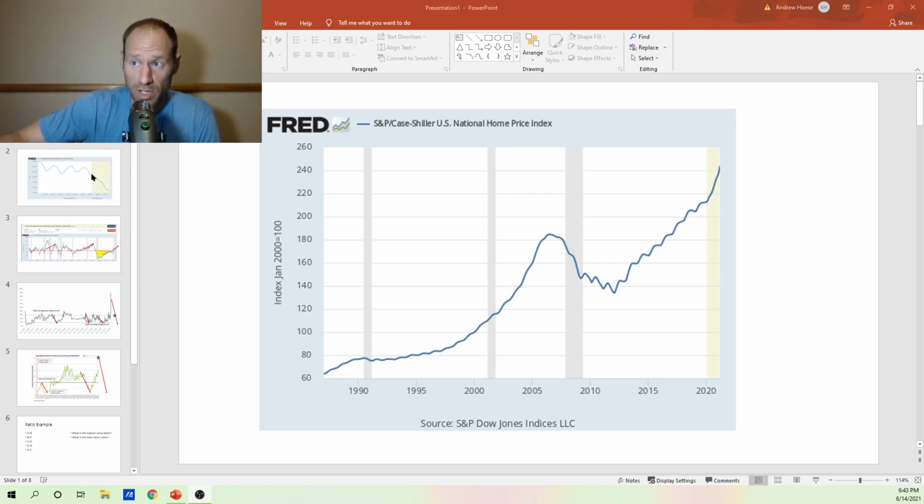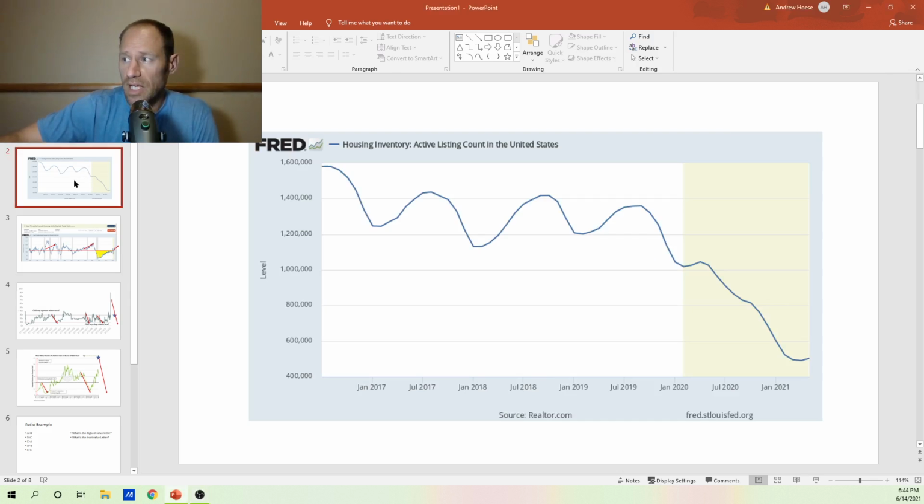I pulled up inventory because we know prices are going up quite substantially. This is the housing inventory, the active listing count in the United States. We were at 1.6 million back in 2016, which is actually pretty low. And we've continued to eat through the inventory listings all the way down to what I think is an all-time record low of only 500,000.